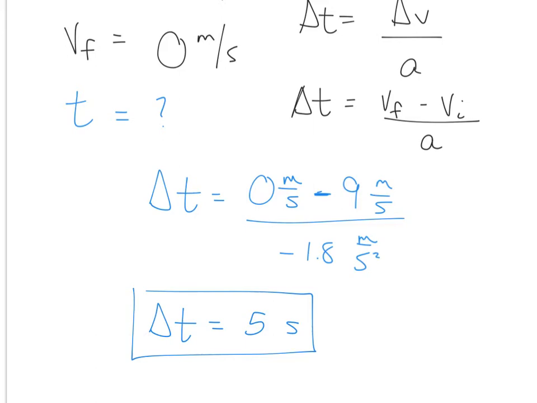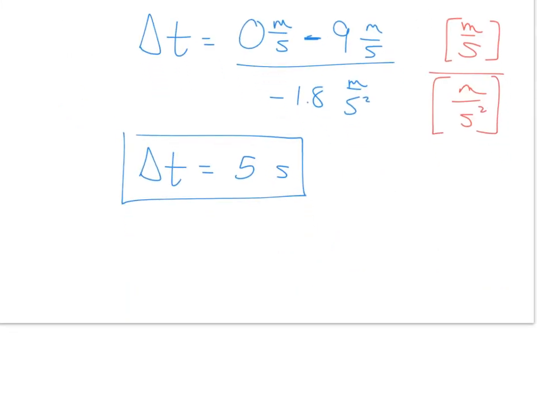If I were to really evaluate the dimensions behind this, you're taking dimensions of meters per second. Why do I put the brackets? To indicate dimensions. I'm showing you dimensions on the right, over meters per second squared. When you divide by a fraction, it really means multiply by the reciprocal. So if I'm dividing meters per second by meters per second squared, I multiply it by seconds squared per meter.